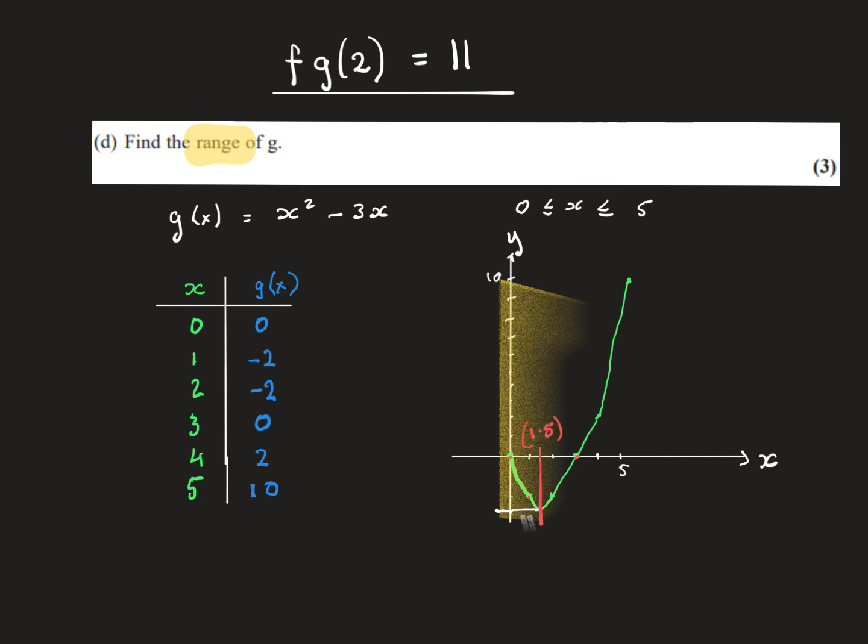So if we put 1.5 into our g function, it will be 1.5 squared minus 3 times 1.5, and I should get minus 2.25. I've used a calculator, and so the lowest point over here will be minus 2.25.